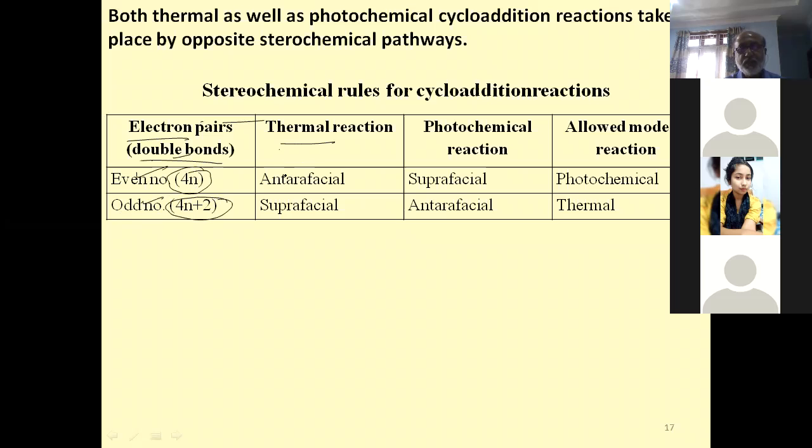Under thermal condition, if it is 4n, that means even number like 2 pi, 2 pi, it is going to be antarafacial. This is going to be suprafacial. And this is going to be photochemically allowed. And for odd number, it is going to be suprafacial thermal, antarafacial photochemical.